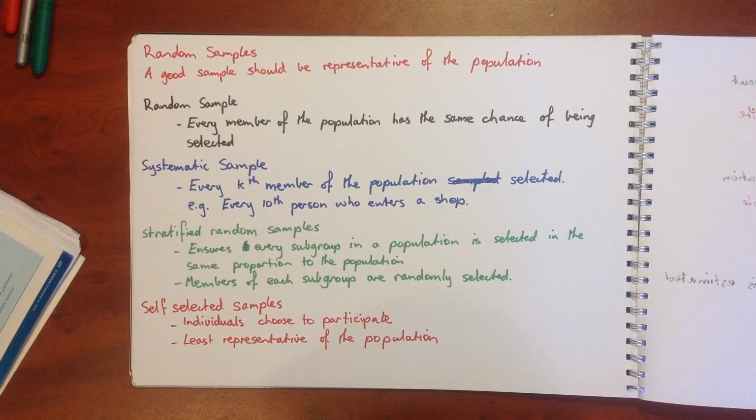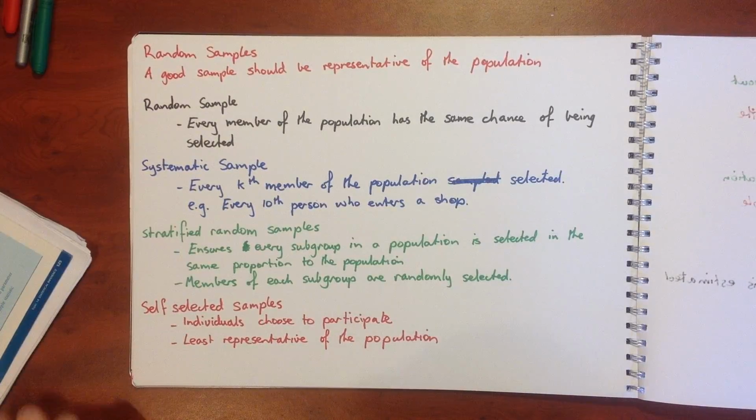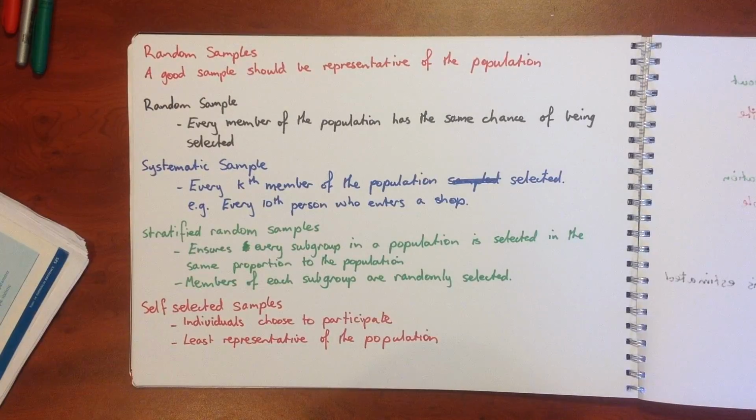And self-selected samples. Individuals choose to participate, and these are the least representative of the population. So self-selected samples are really the worst type of sampling there is, and often it's the most common way that things are done, because you get people like telemarketers calling up while individuals choose whether they want to answer the phone or answer their questions, and a lot of things like that.